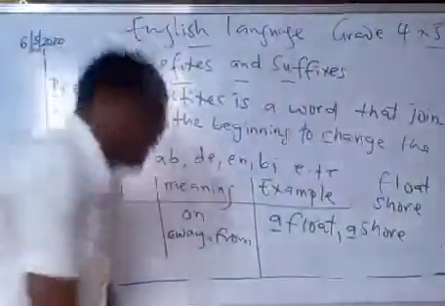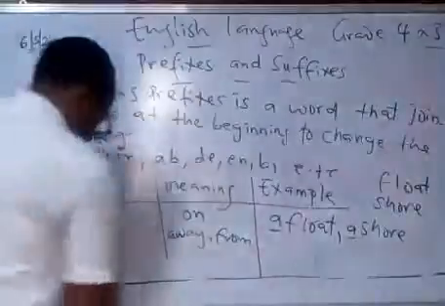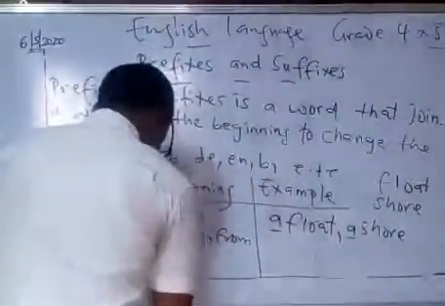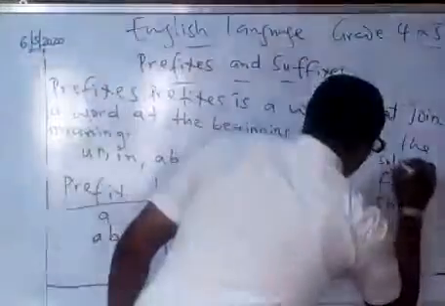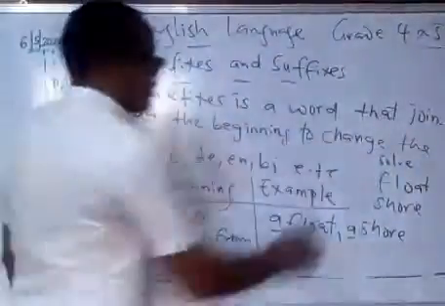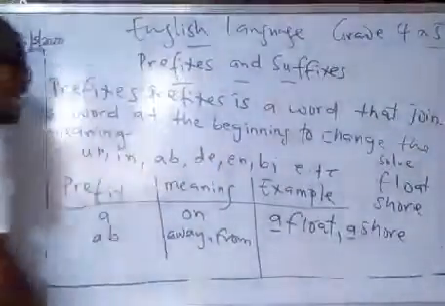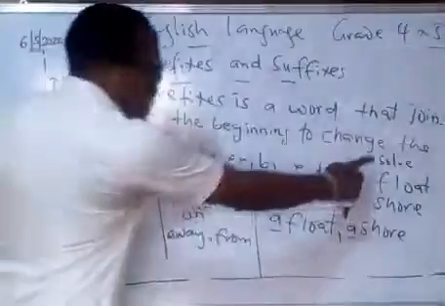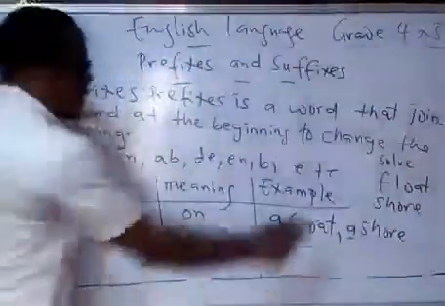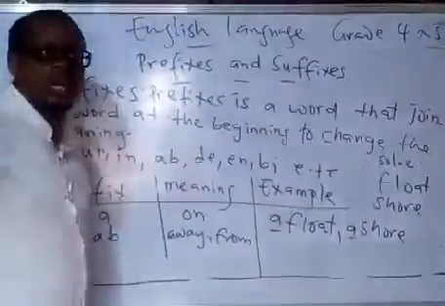Now, giving you an example of this one, I have something like solve. Don't forget that solve is a word on its own, and I want to add this prefix ab at the beginning of solve to give me another word entirely, which also has its own meaning.